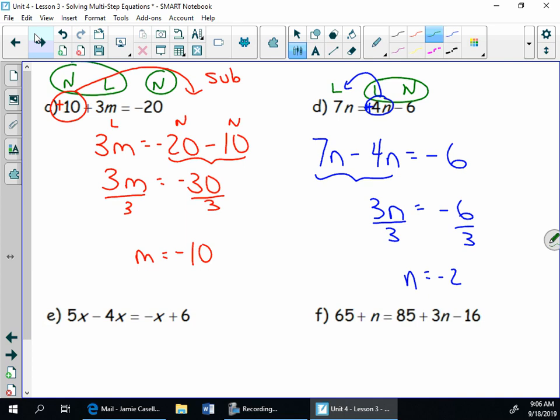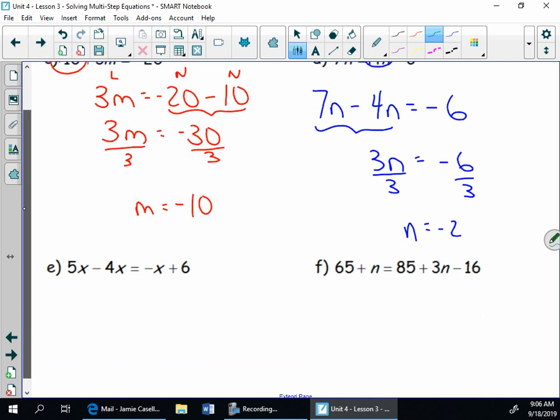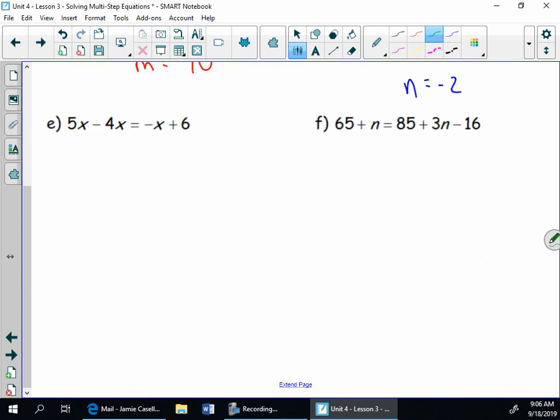Okay, try some more. Take a look at the next one here. I've got a letter, and a letter, and another letter, and a number. I've got one thing in the wrong spot. This letter term needs to move over to the other side. So write down what you already have. We have 5x minus 4x. Minus x becomes a plus x, opposite operation.